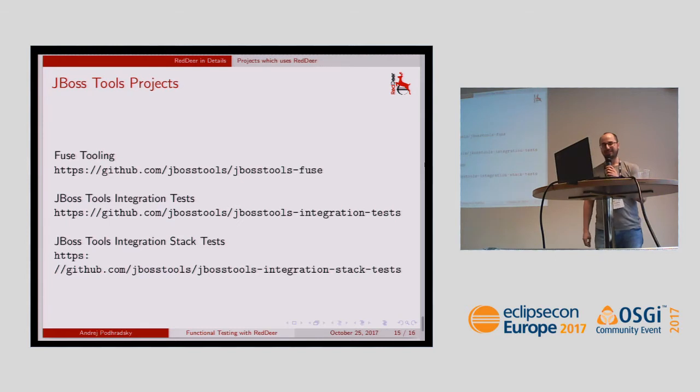But this is a really special case. There are also some repositories for JBoss tools. These repositories contain only the functional tests, and these tests are waiting for migration to their own product and project.